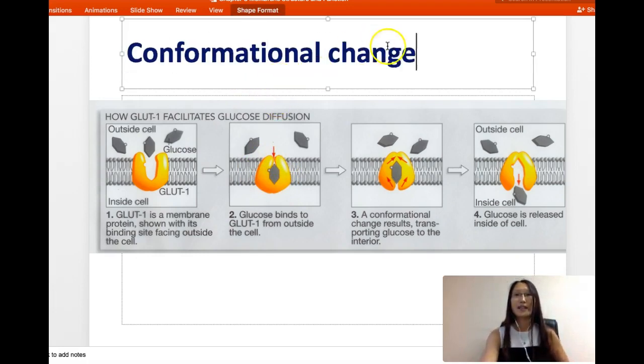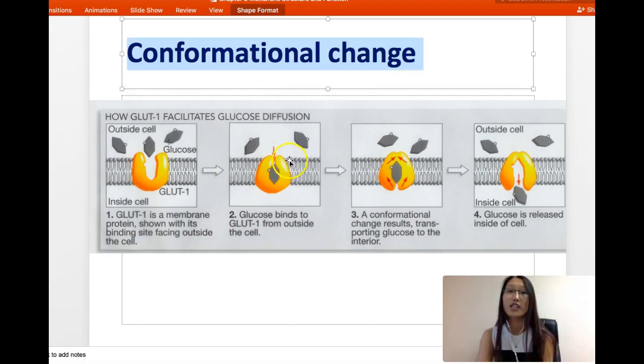That's basically a change in the shape of the carrier protein. After this conformational change, instead of opening to the outside of the cell, it would open to the inside of the cell, to allow this, in this case, glucose molecule to go from the outside of the cell to the inside of the cell.